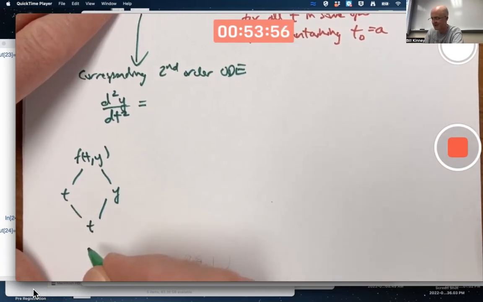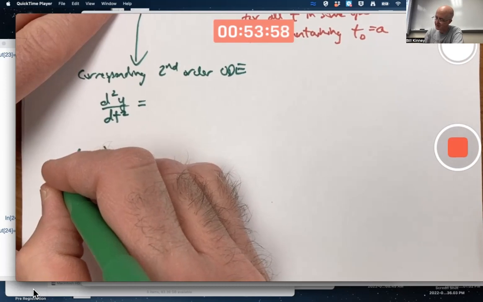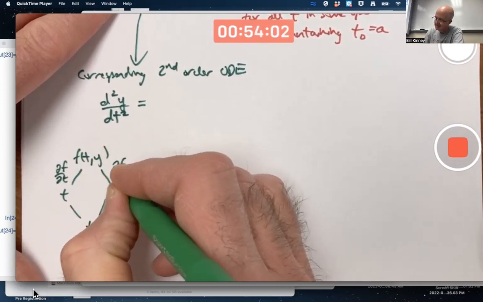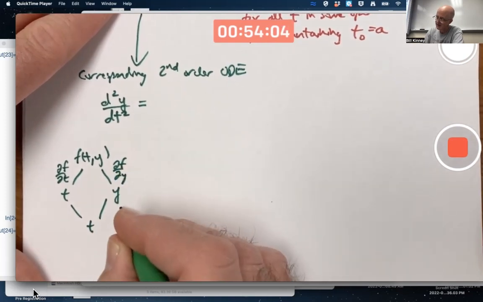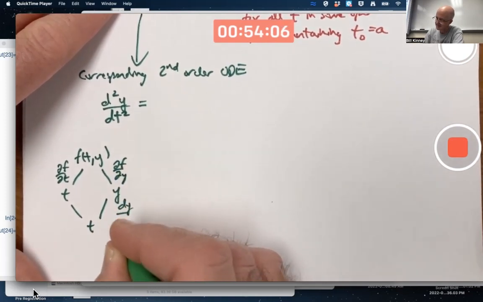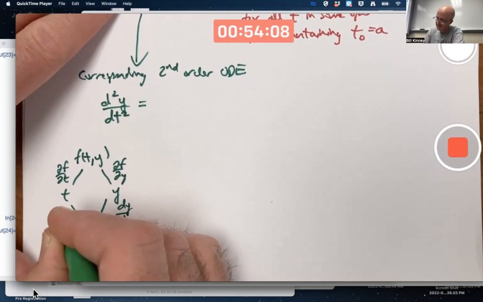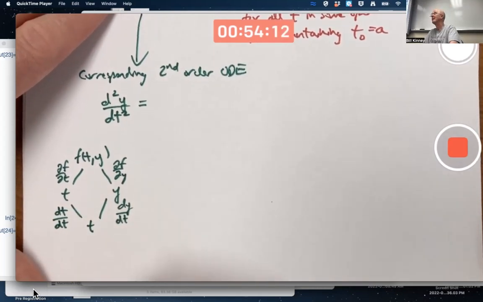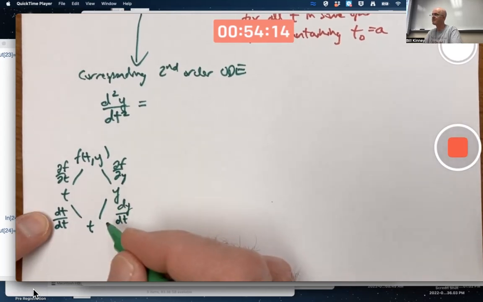You draw partial derivatives along these lines and ordinary derivatives along these lines, including a funny looking one, dt dt. And you multiply along the paths through the diagram and then you add them. Does Dr. Yang ever draw diagrams kind of like this? No? Yes? People are shaking their heads no. Okay.